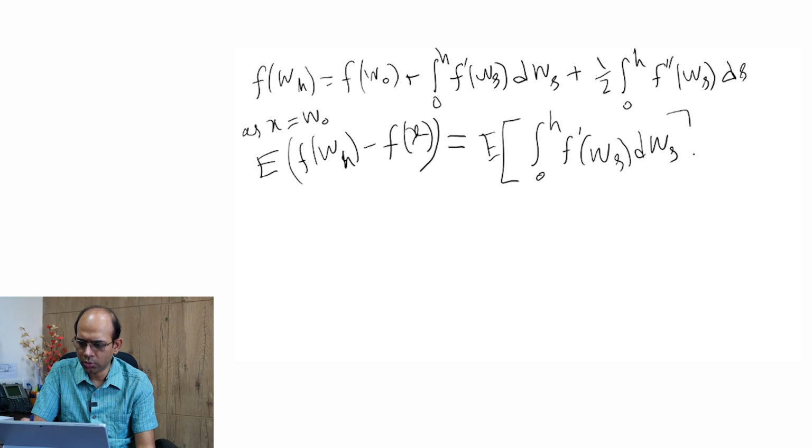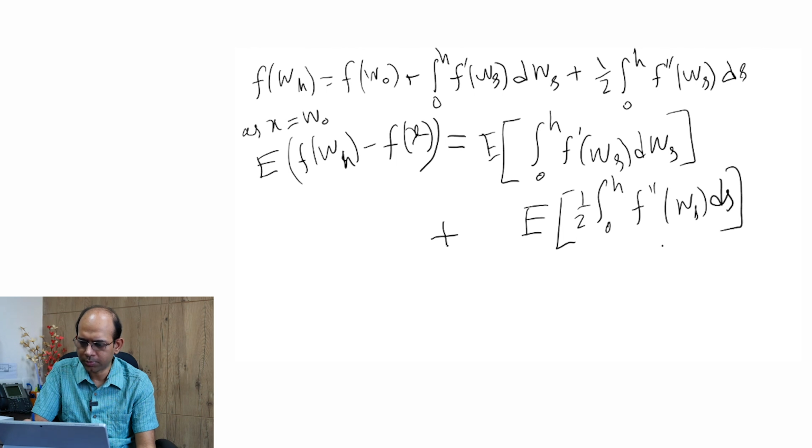So this is one expectation plus the remaining part, that is also another expectation. I break it in two parts for ease. Half is there, 0 to h f double prime of W_s ds.